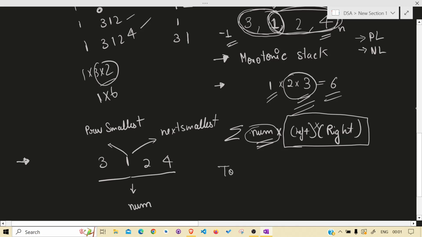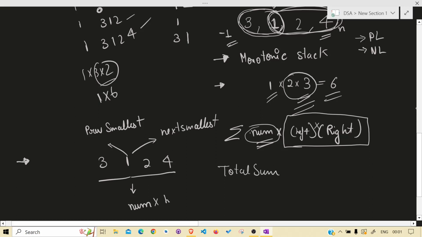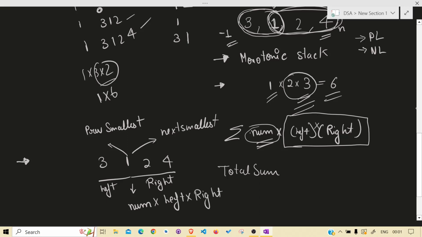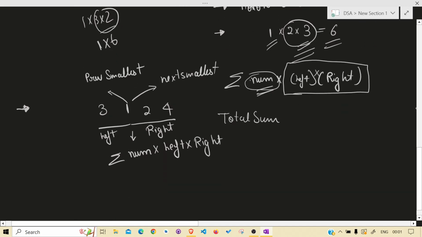The total sum that we would be getting. And when you do it for other numbers, just do a summation, and you get the whole total sum.